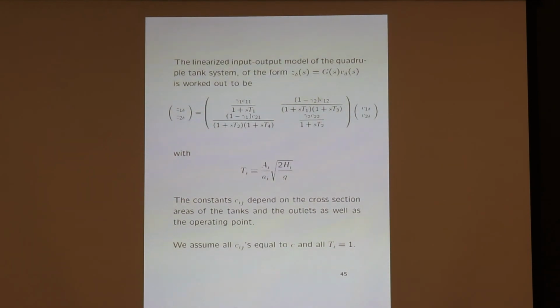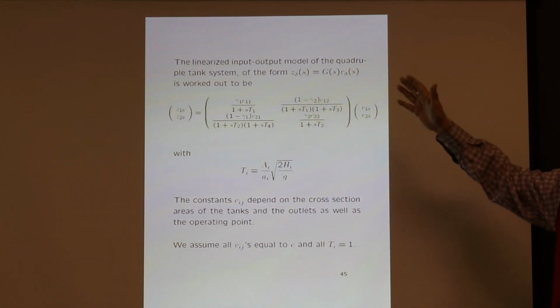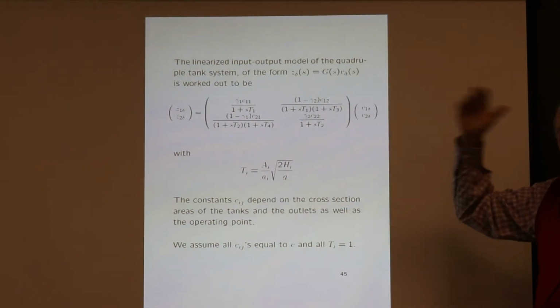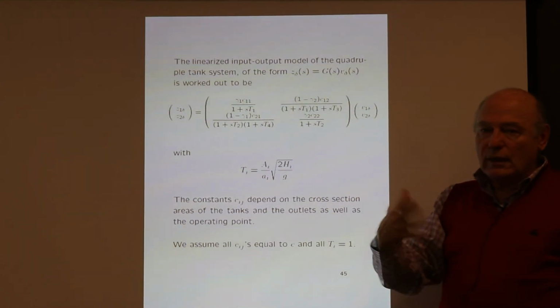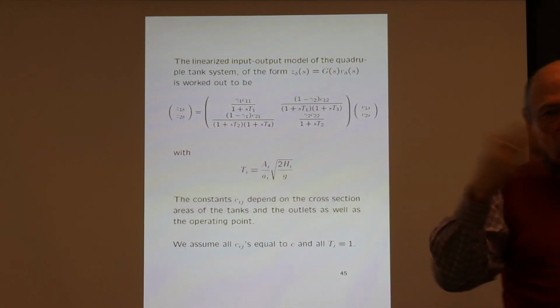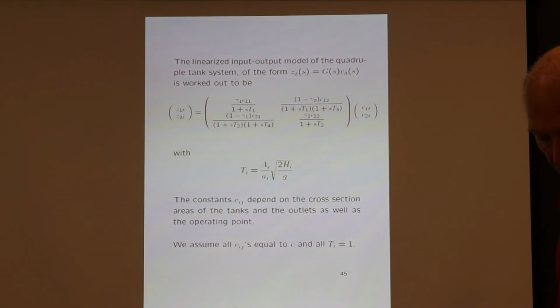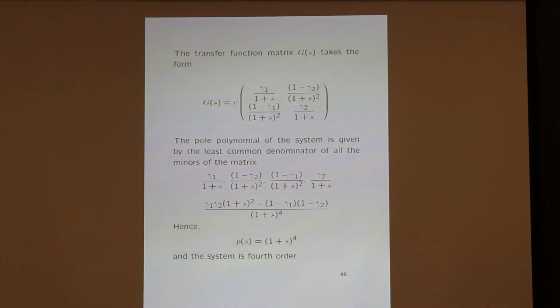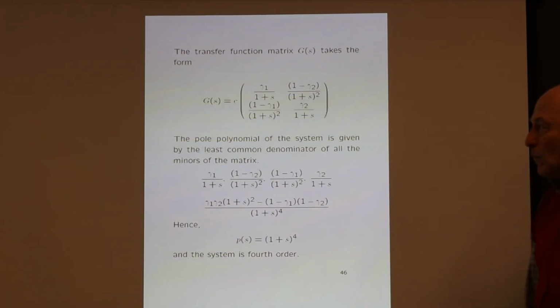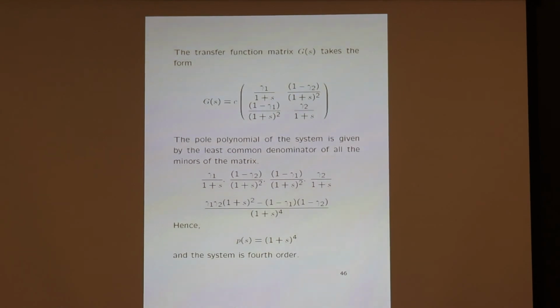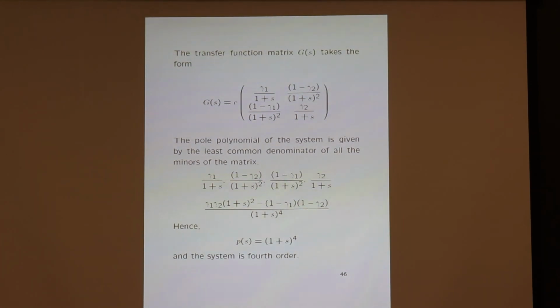So let's compute the poles first and then the zeros, to see what the effect of these distribution parameters gamma 1 and gamma 2 is on the stability of the overall system. So in simplified manner, this is the transfer function of my system. 2 inputs, 2 outputs. 2 outputs to control, 2 inputs to be controlled. All the numerators are constant, so it shouldn't be that difficult.